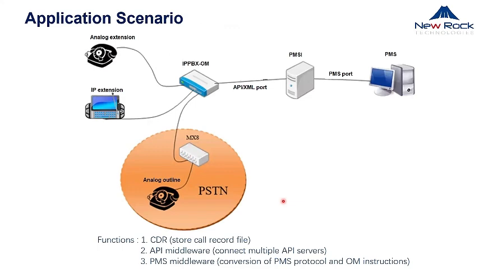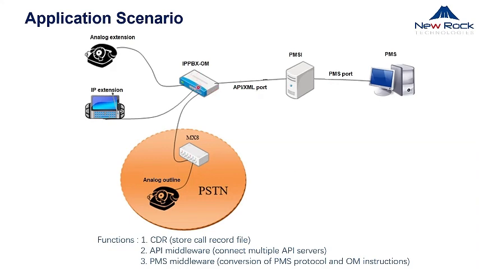Here is a basic application scenario for our PMSI. The other side here is our PMS system, so we connect that to the PMS port. Of course, this is our IP-PBX connected with the API or through the XML command, so we can send to the API interface on our IP-PBX.